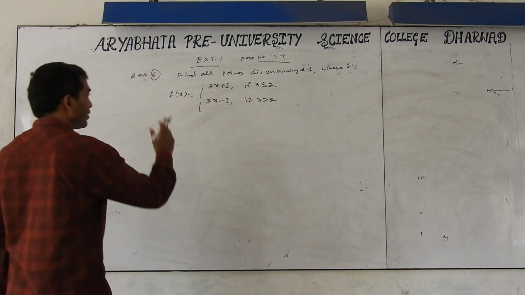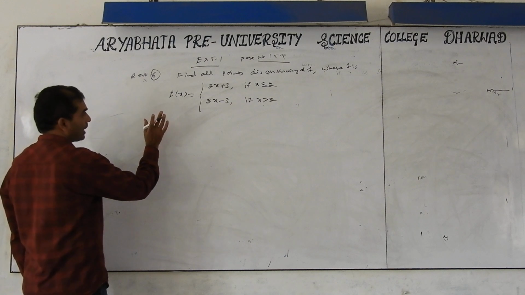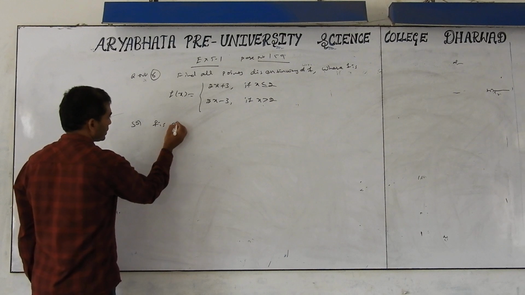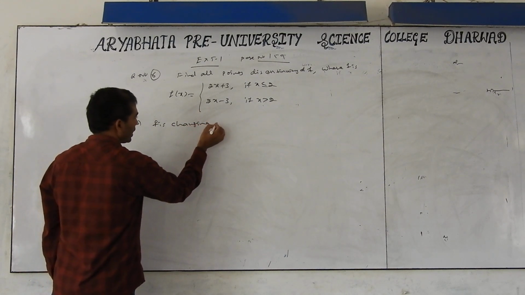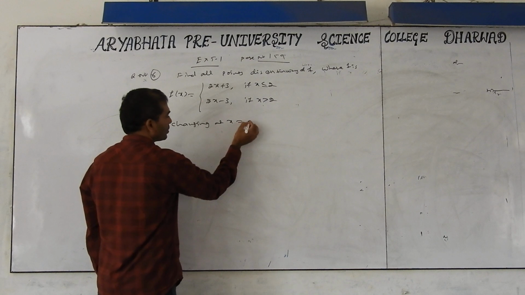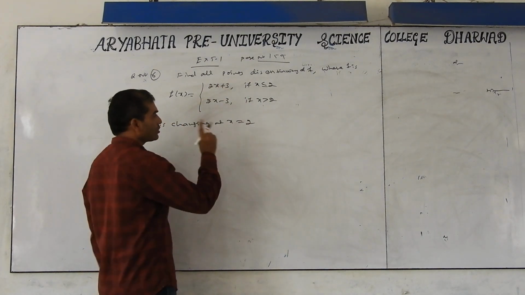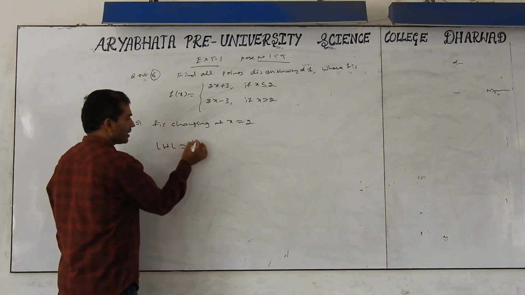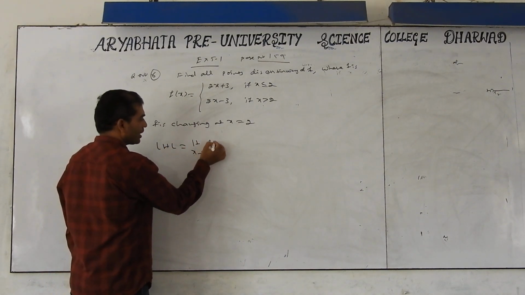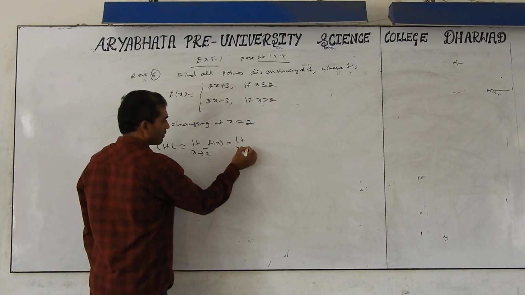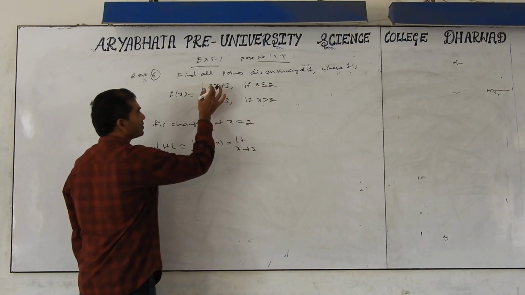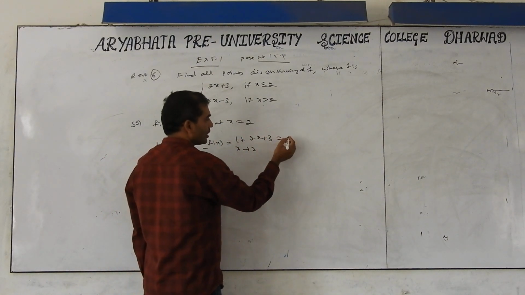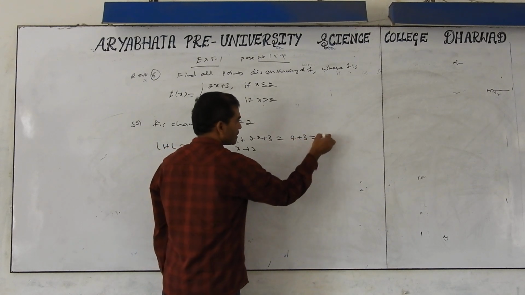We have discussed the continuity of f. Tell me, by seeing this function, f is changing at what point? x equal to 2. So then we should find left limit and right limit. LHL: limit of x tends to 2 minus f of x, that is 2x plus 3, for x equal to 2, 2 into 2, 4 plus 3, which is equal to 7.